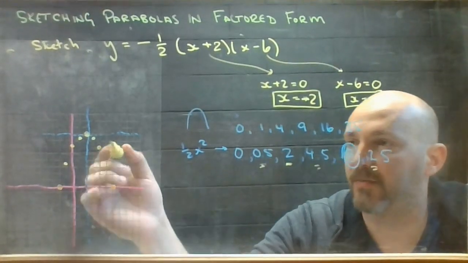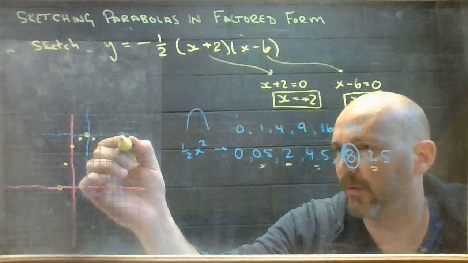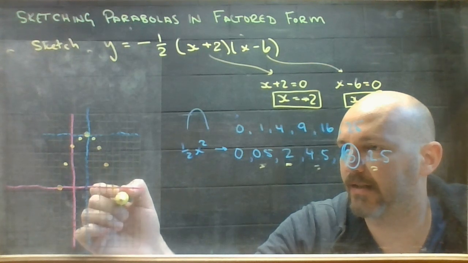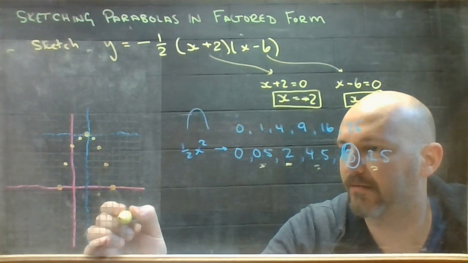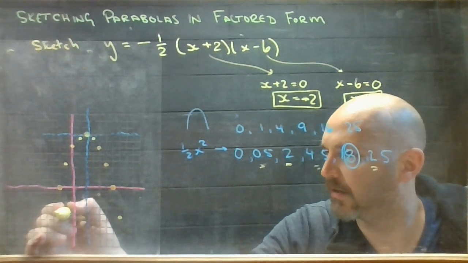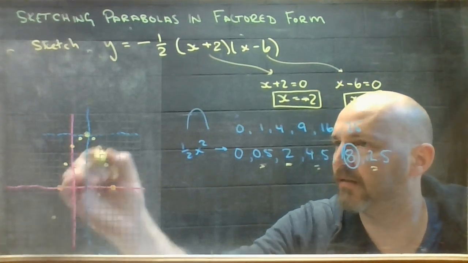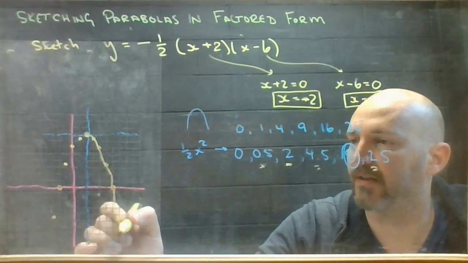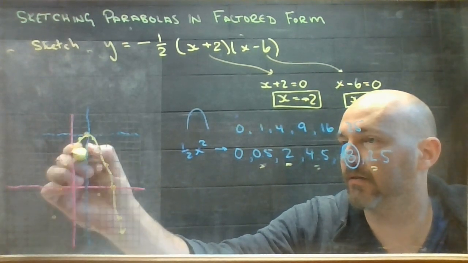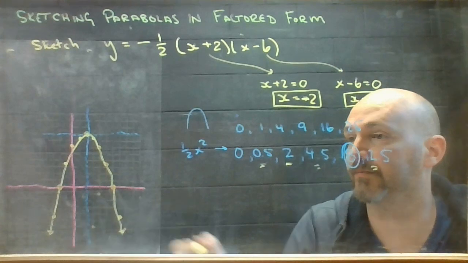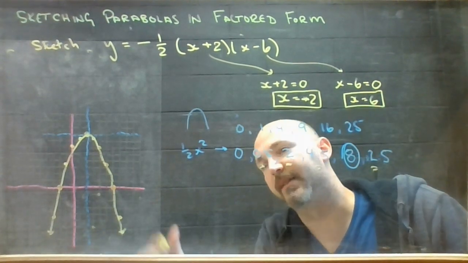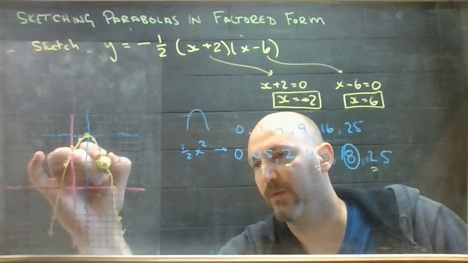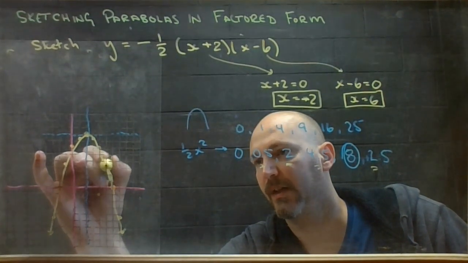Next step out should be 12.5. So 1, 2, 3, 4, 5, 6, 7, 8, 9, 10, 11, 12.5. It will have a symmetrical partner over there, and I'm able to pencil in that parabola. Nice and smooth, nice smooth curves.